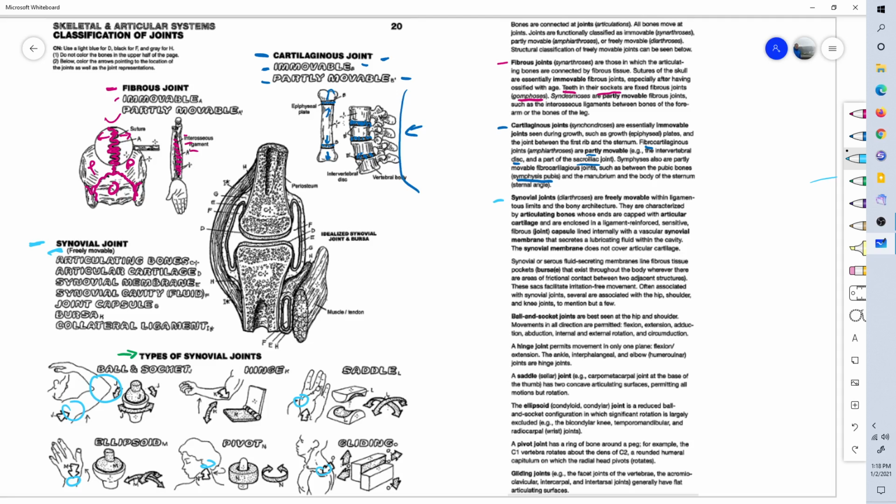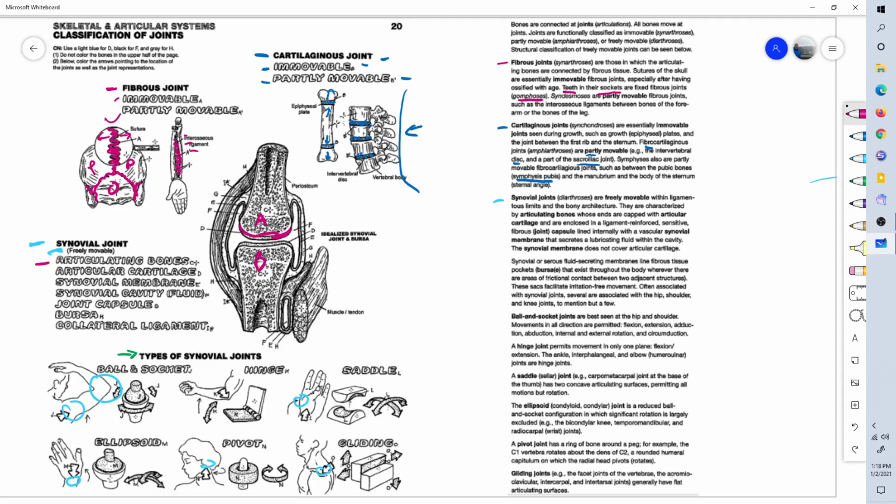Well, first you have two articulating bones. Let's say bone A and bone B here, two articulating bones that come together. And what you see right here is this articulating cartilage.